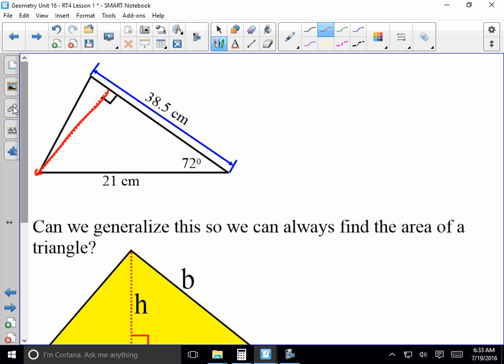We always want to look at the right angle, and that defines our base and height for us. So this is the base. This is the hypotenuse that we're going to use to find the height measurement here. And you can see it always works the same way. Sine of 72 equals our h, the opposite side, over the hypotenuse side.